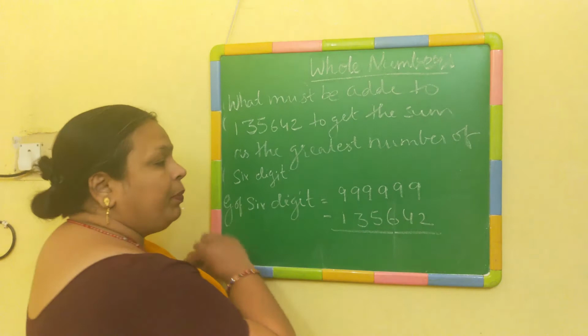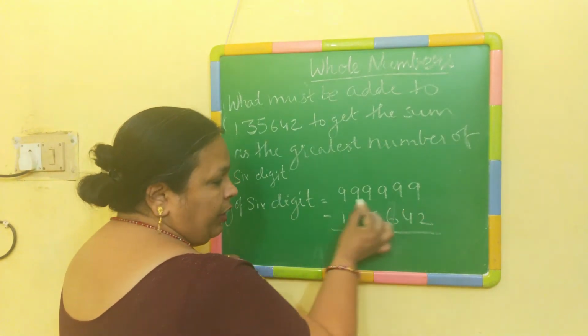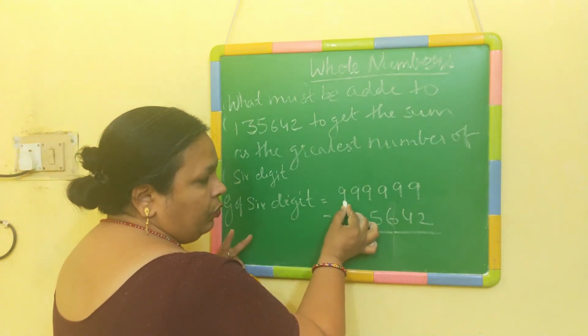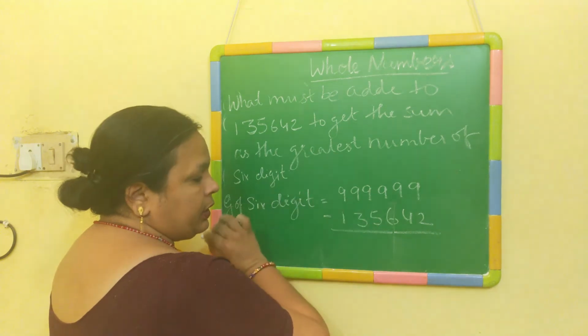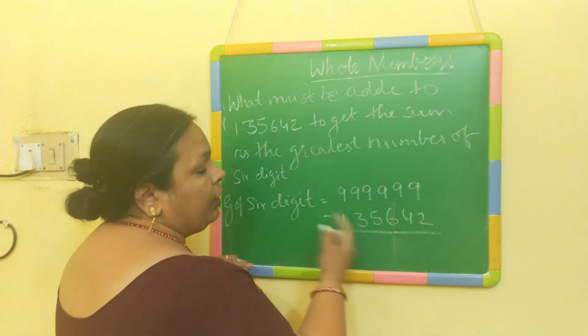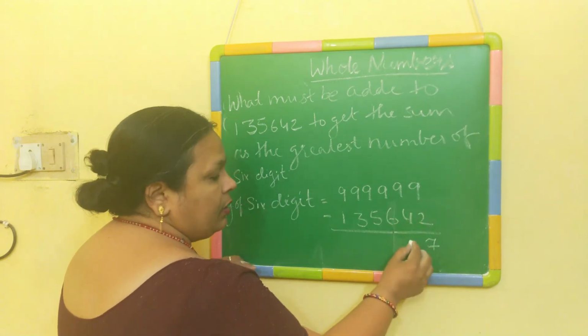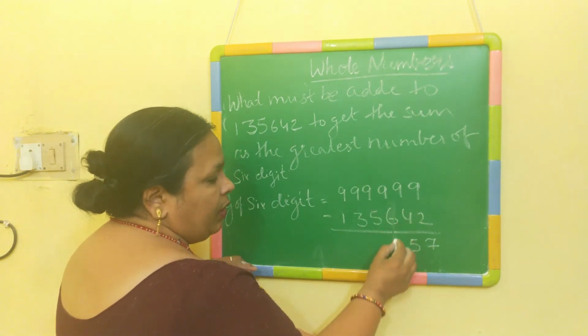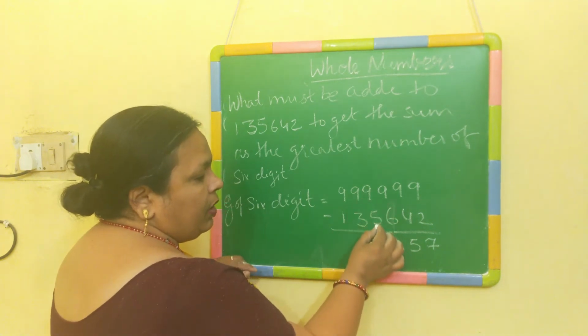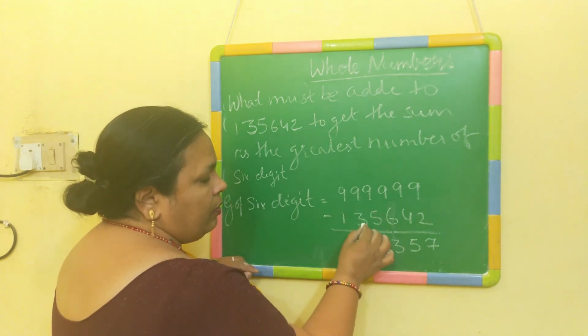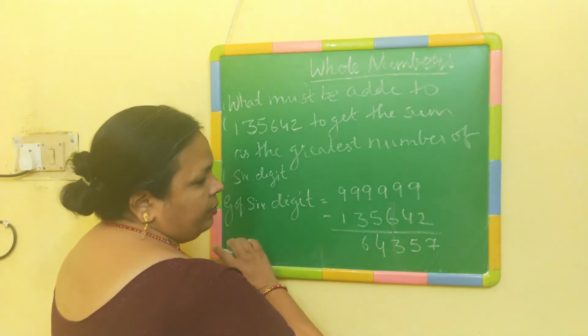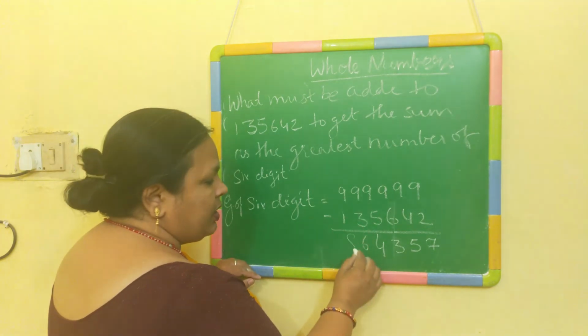Now to subtract, we need to write the greatest number on the top, that is, the greatest 6-digit number subtracted by the given number. So 9 minus 2 is 7, 9 minus 4 is 5, 9 minus 6 is 3, 9 minus 5 is 4, 9 minus 3 is 6, and 9 minus 1 is 8.